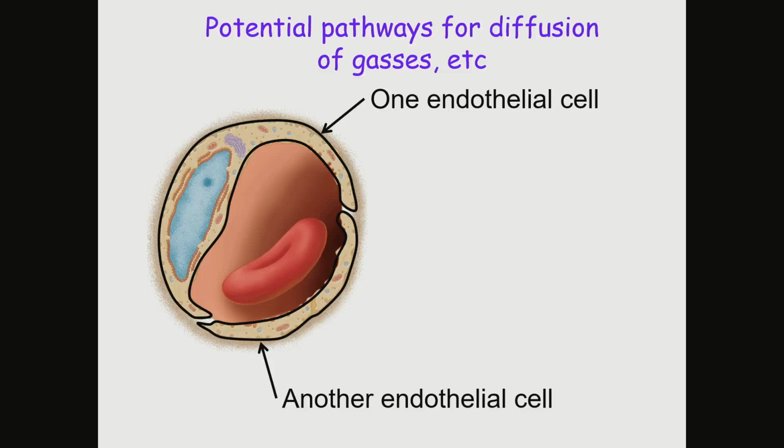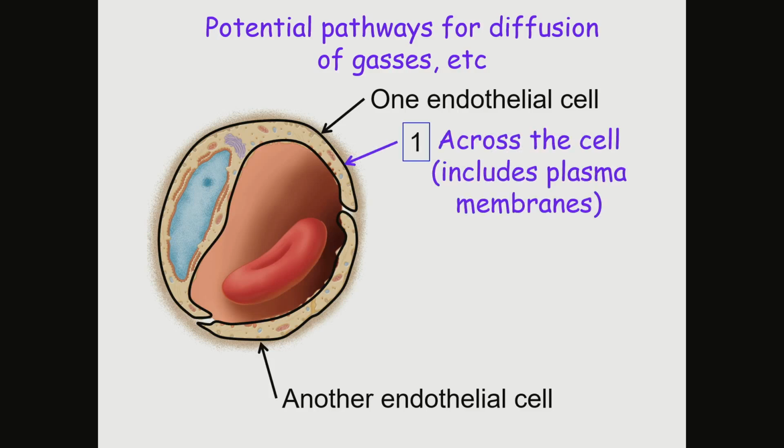Now we have two pathways for diffusion. So here's one endothelial cell, there's the other. You know, obviously it can just go right across the wall of the endothelial cell, so it goes through one plasma membrane, through the cytoplasm, across the other plasma membrane.